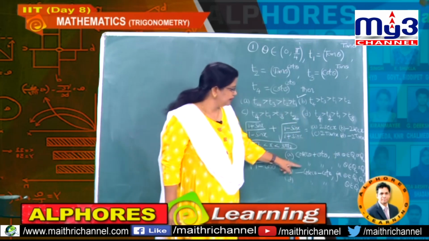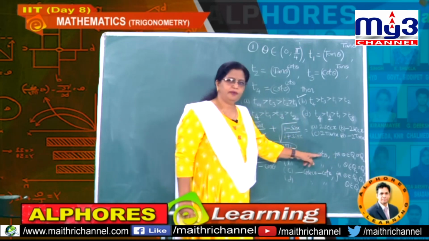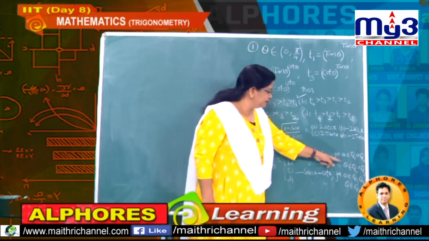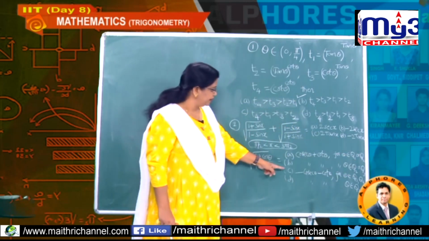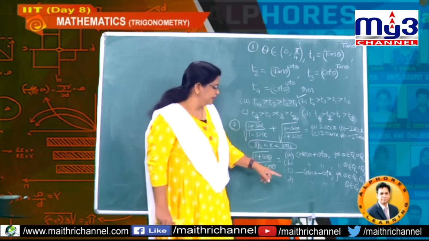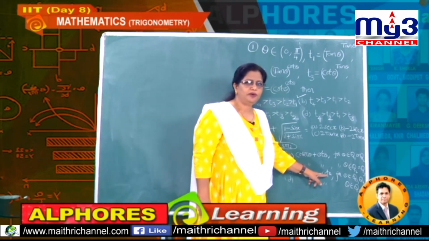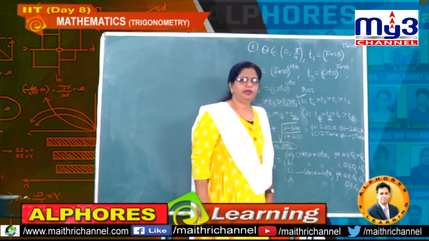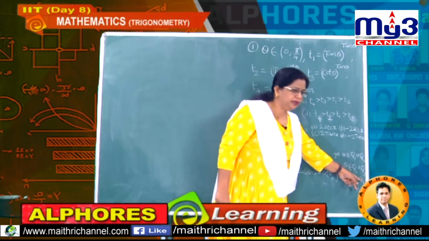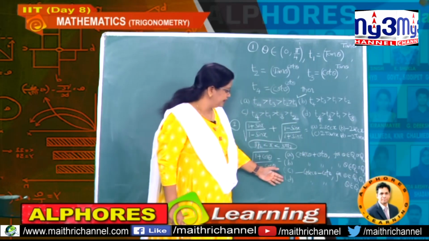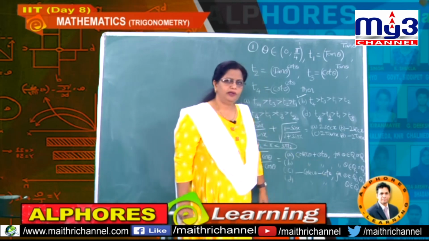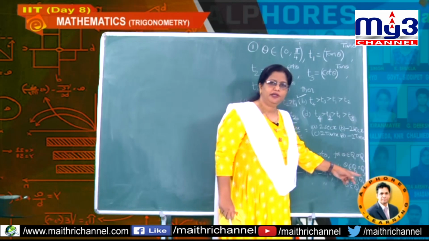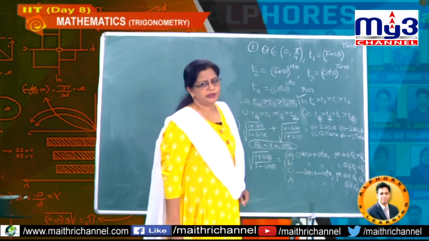The next one is the same value cosec plus cot, for second quadrant or third quadrant. The third option is minus cosec minus cot when theta belongs to third quadrant or fourth quadrant. The same way, option 4 is minus cosec minus cot when theta belongs to second quadrant or first quadrant.